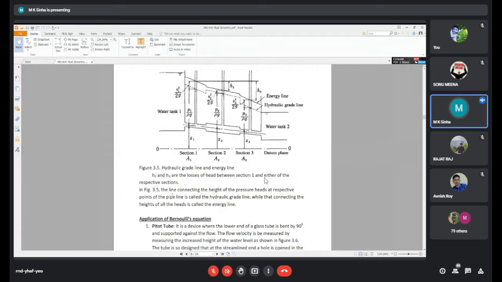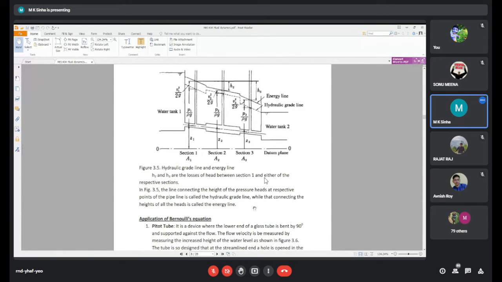So the line connecting the heights of the pressure head, P by rho g, at the respective points of the pipeline is called the hydraulic grade line, while the line connecting the heights of the total head, meaning pressure head, velocity head, and potential head, is called the energy line.